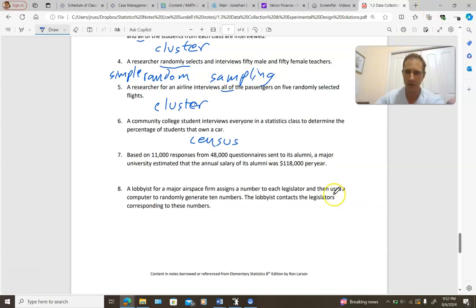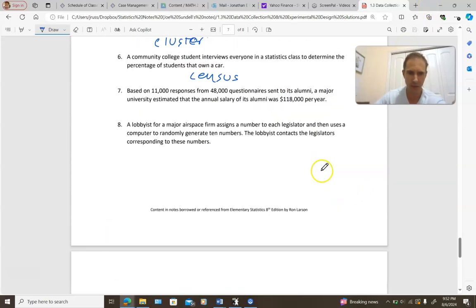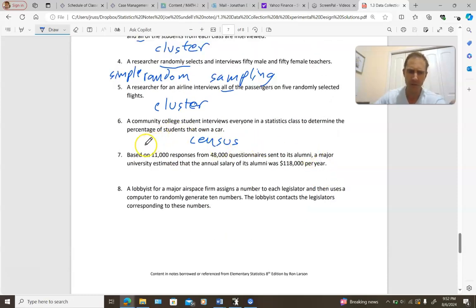And then number 7, oh, we got a couple more. Number 7, it says based on 11,000 responses from 48,000 questionnaires sent to its alumni, a major university estimated that the annual salary of its alumni was $118,000 per year.